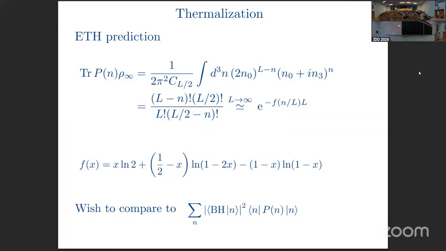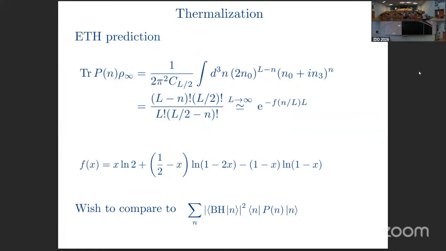We've taken the trace and we simply compute this integral and find some combination of factorials. And in this expression, we could take the limit where L goes to infinity, but n over L is kept fixed, where n is the number of identical spins. Then you find exactly what this function f here looks like. And yeah, it's Stirling's formula, basically.